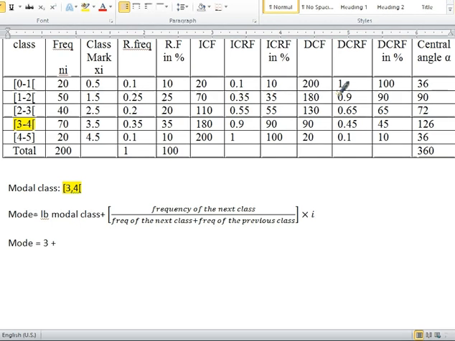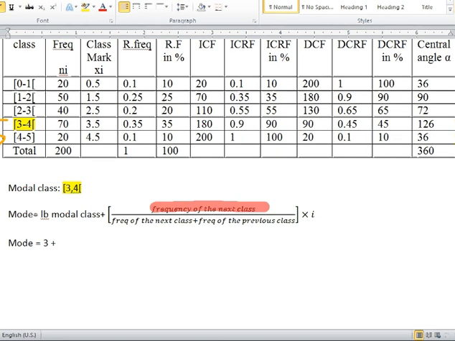The next class after the modal class is this one, so you want to find its frequency. Once you find the modal class, you look at the class after it. It's 4-5.